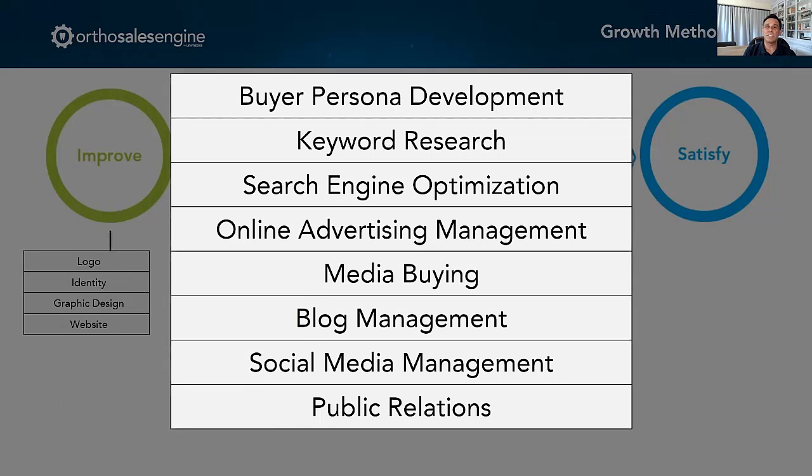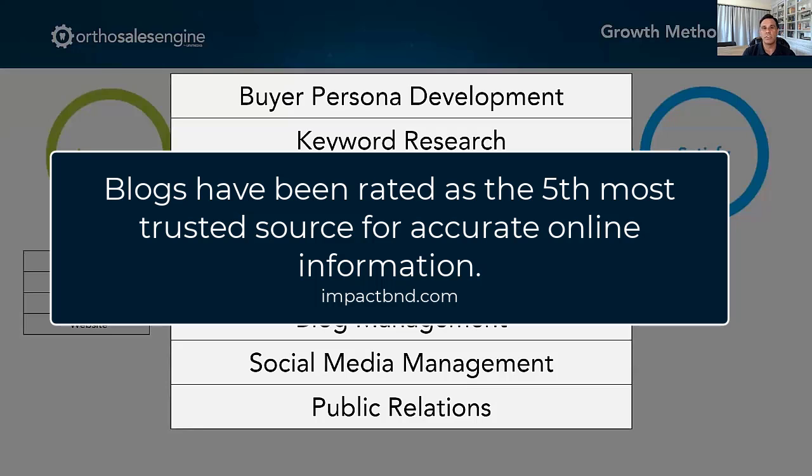But I definitely suggest that you have consistent blogs going up. I really suggest at least once a week, 4 times a month would be ideal for a single office. Blogs are very essential, and it's not just helping with SEO. It's helping make you a resource. When someone has a question and they're typing it in Google and your blog answers it, they're going to go to your site and you'll become the resource. You'll become the trusted person.